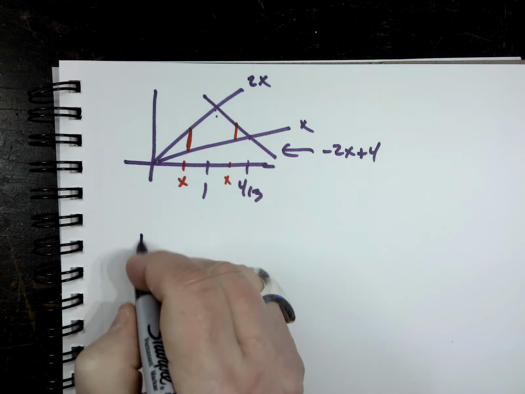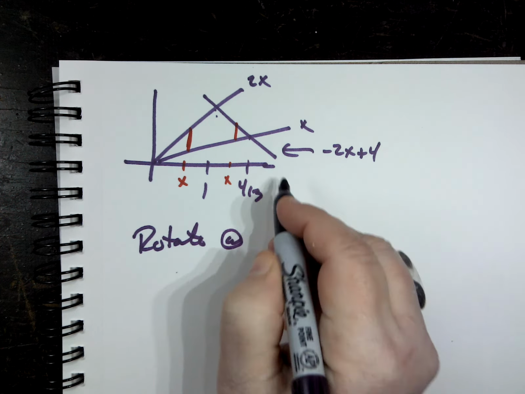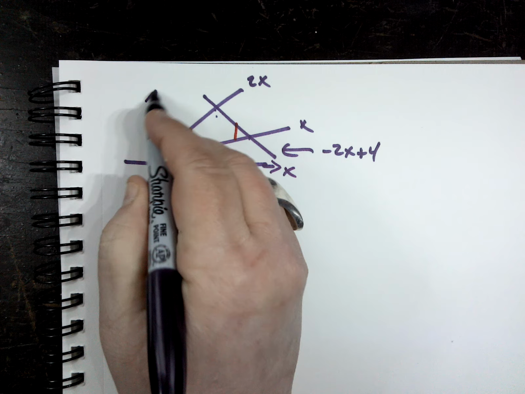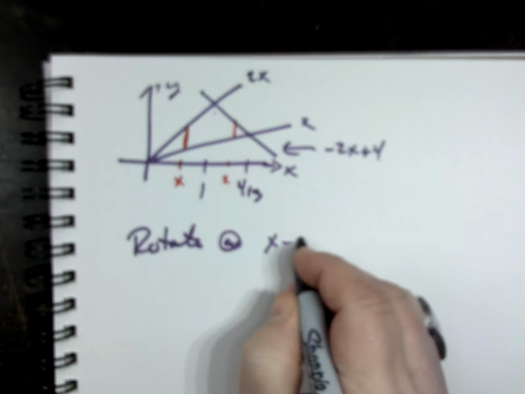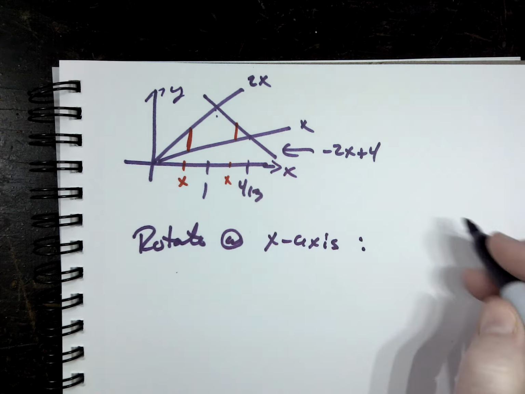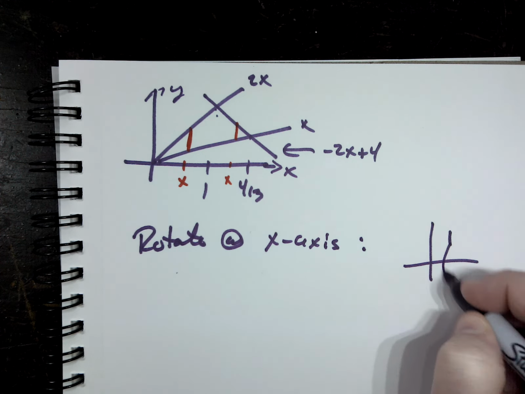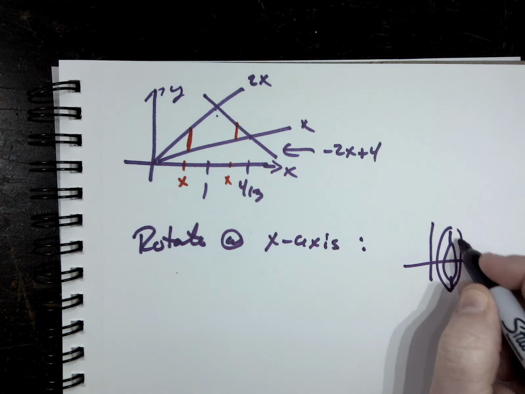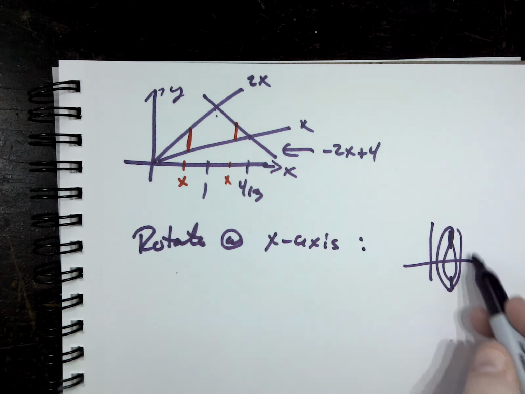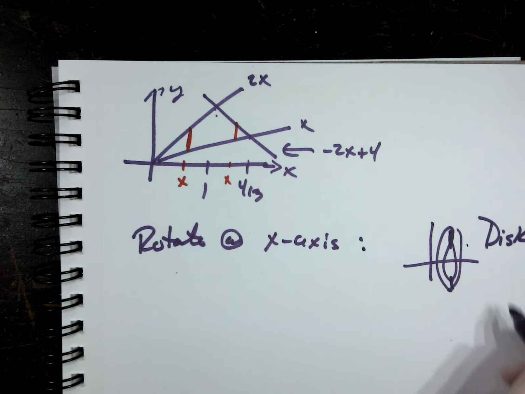Now, if I rotate about the x-axis, then I'm going to have, let's see, there's my y, there's my little line, the little red line, so I'm going to have a disk, or a washer.